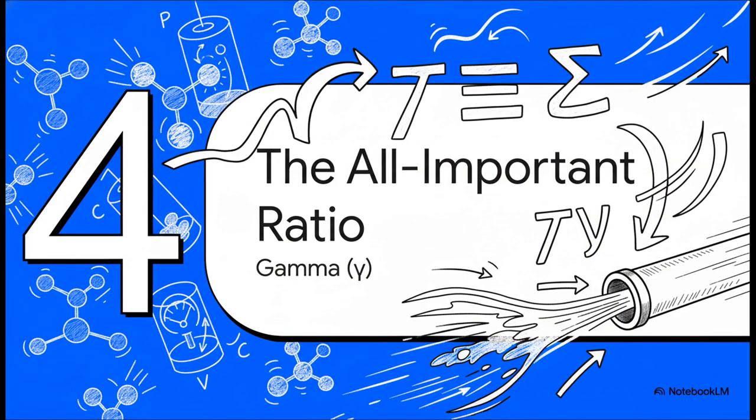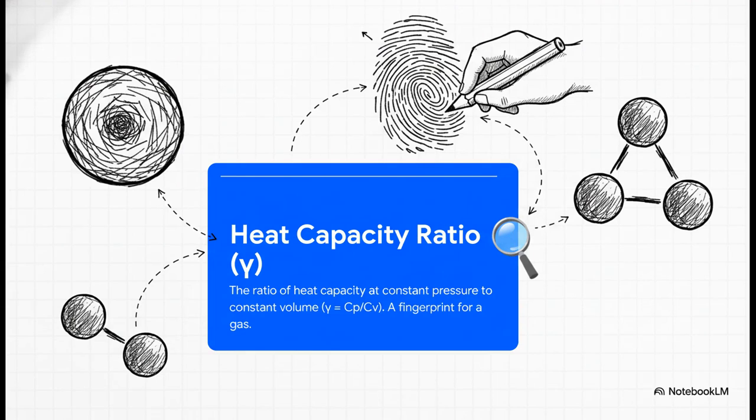So we've talked a lot about CP and CV and how they're connected to the very structure of a molecule. But now we're going to look at what happens when you divide one by the other. We're going to look at their ratio. And this ratio, which gets the Greek letter gamma, is honestly one of the most important and useful numbers in all of physics and engineering. So what is gamma?